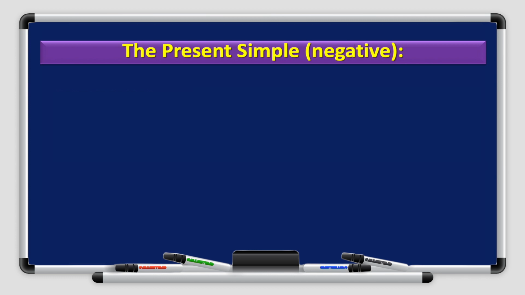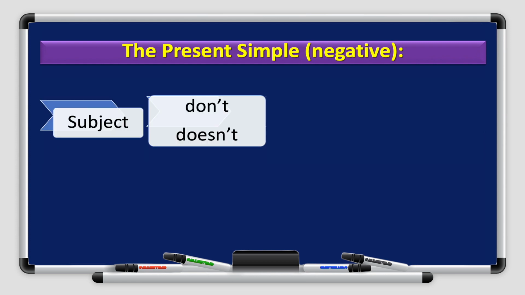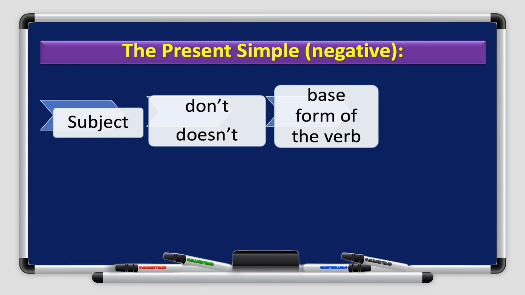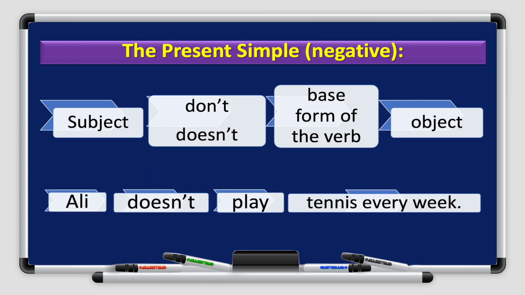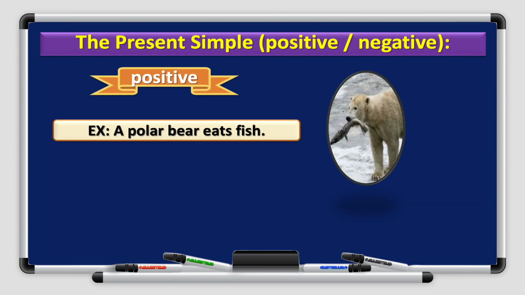What if I want to write a negative sentence? I start with the subject, followed by don't or doesn't, followed by the base form of the verb, and then the object. Now, when do I use don't and when do I use doesn't? Use don't with I, we, they, and you, and doesn't with the third person singular pronouns he, she, and it. So Ali doesn't play tennis every week. Let's take this example.